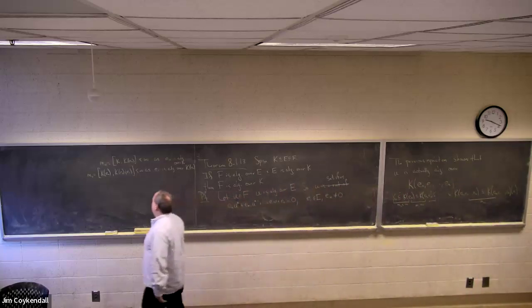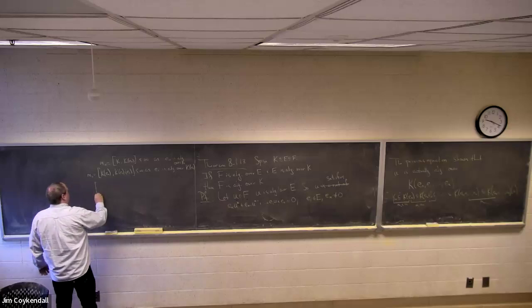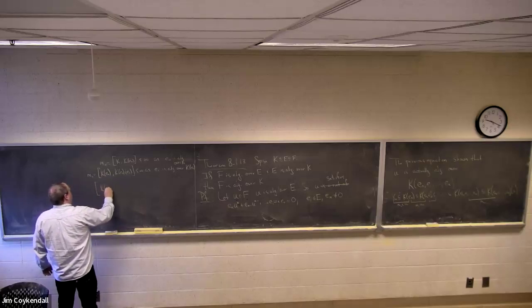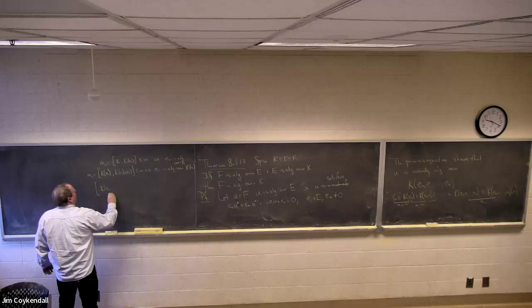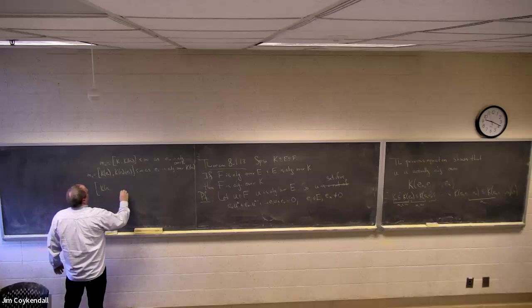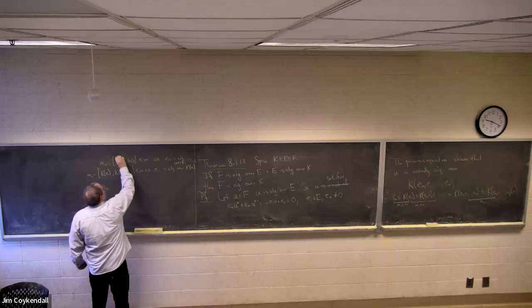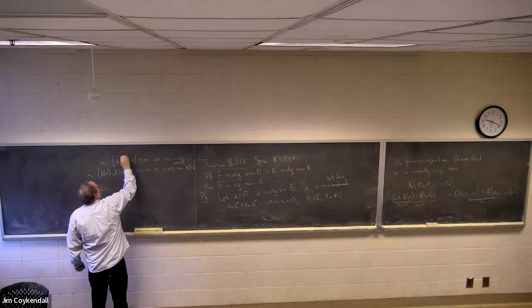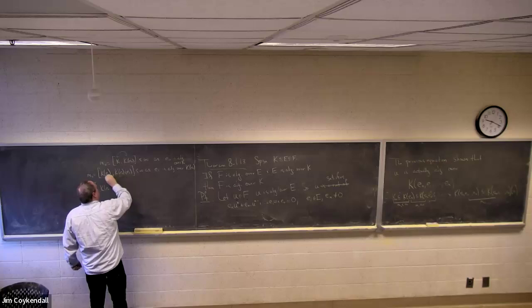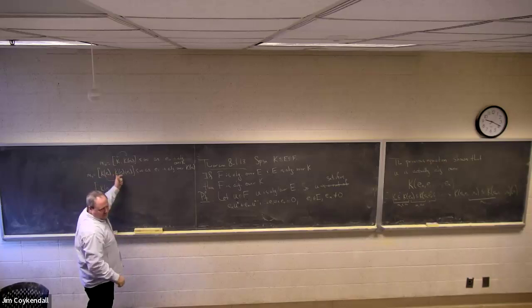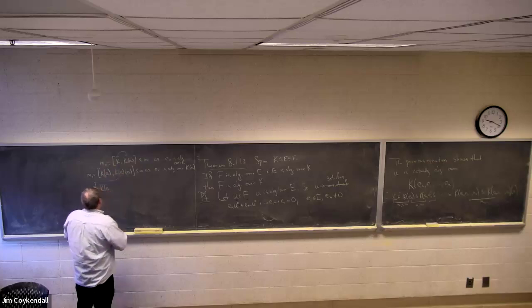So the degree of K(E0), oh, my notation is backwards. I should reverse these. Yeah, I've got the big field and the small field turned around. I apologize for that. Just swap these out.